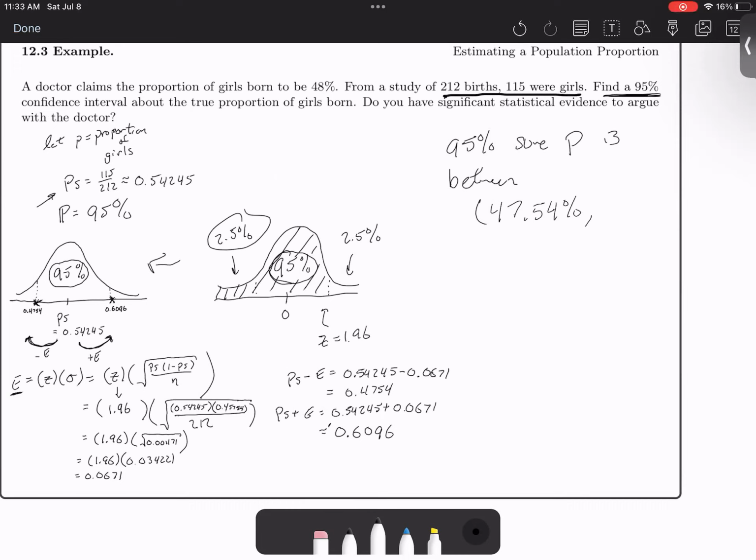And the upper bound was 60.96%. Okay, so the doctor claims that the proportion of girls to be 48. Well, we can't really fight him on that because 48 is inside that interval, right? We're 95% sure that the true proportion of girls is somewhere between 47.5% and 60.9%. And they say that it's 48, so we don't have enough evidence to debate them.